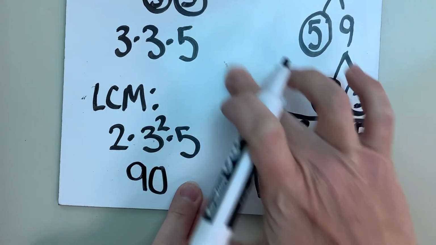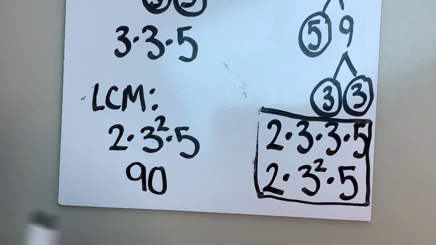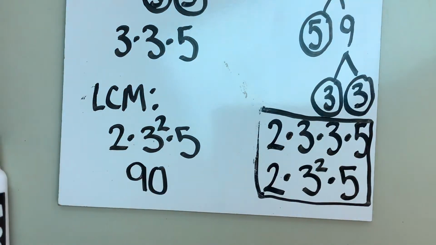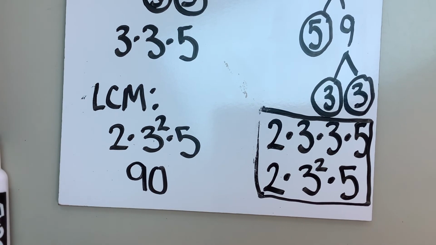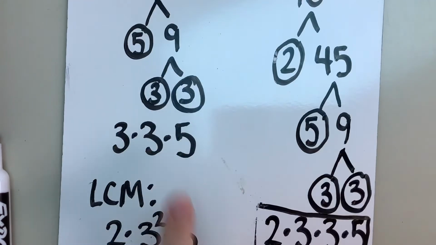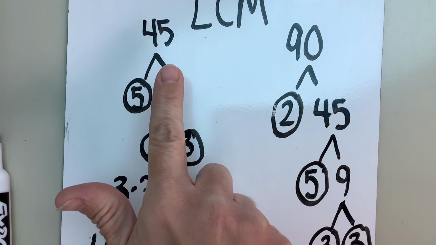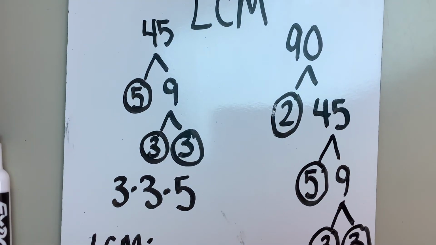A word problem that you would find with least common multiple is when you're trying to balance the 2 out. You want to get them evened out. And that's why a least common multiple would be our common denominator. It would also be a word problem such as every 45 days I clean the blinds, and every 90 days I clean the windows.